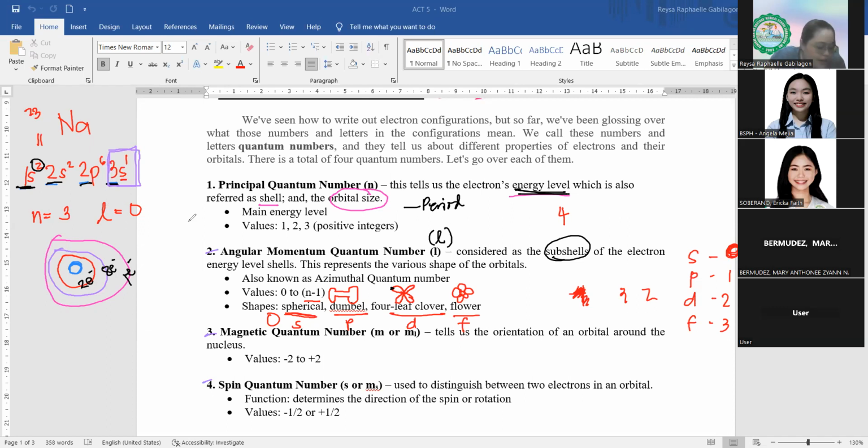Questions? Mag-end na itong aking Zoom in less than a minute. So balik lang kayo pag mag-end na siya. Hintayin na natin siya mag-end. Do you have questions or clarifications?